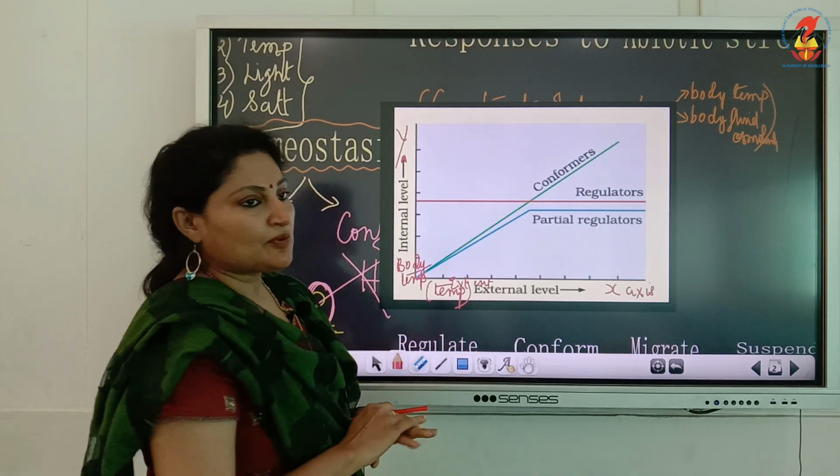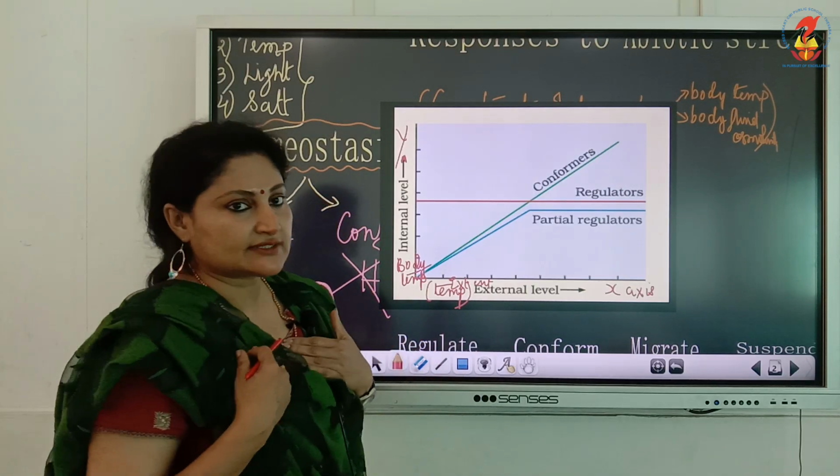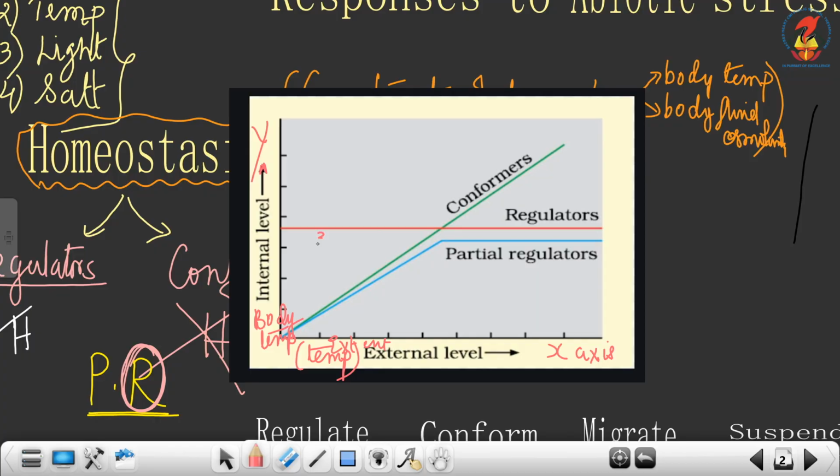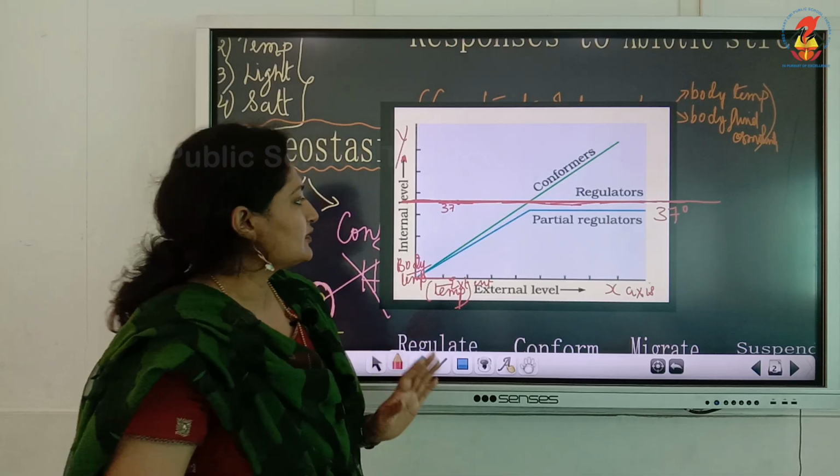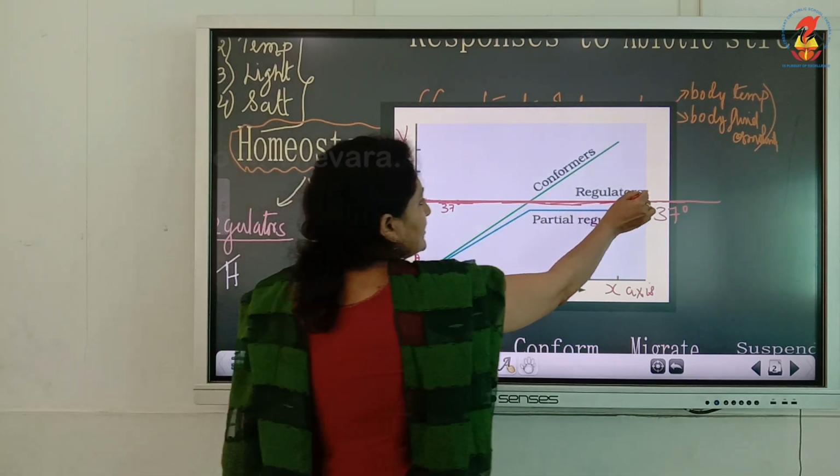Now I am going to plot the graph for regulators, regulators like us, man. Our body temperature is 37 degrees Celsius. I am drawing it against 37 degrees Celsius, and as the temperature of the external environment increases, the body temperature is maintained constant at 37. It's not going above or below. So that is indicating regulators.